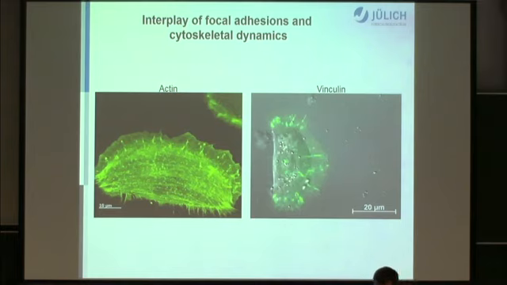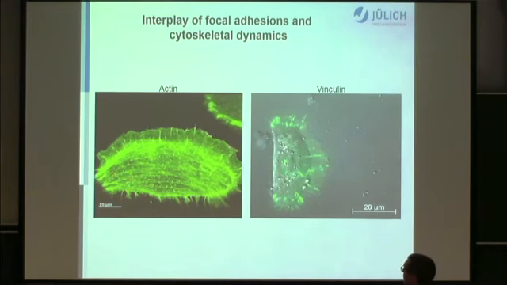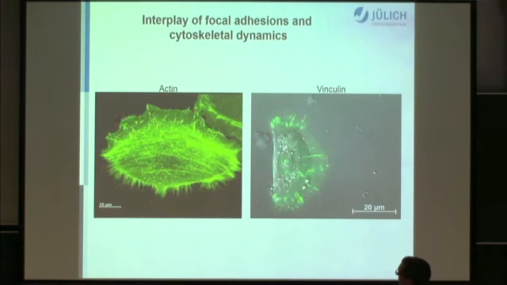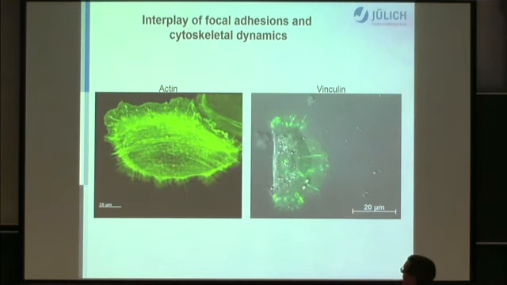Here on the left, you see the transversal arcs continuously formed during migration, and the more they reach the end, the more myosin becomes incorporated, which is not visible in this movie.